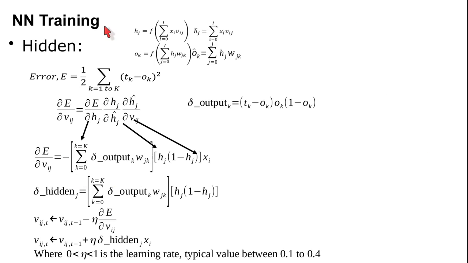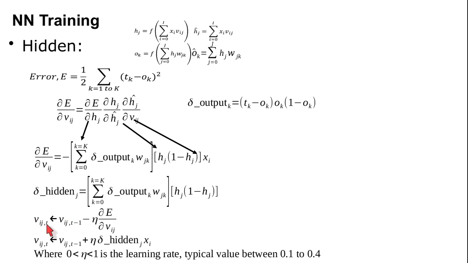Now to put everything together for the hidden layer, partial derivative of the error with respect to a specific weight in the hidden layer Vij evaluates to this, which in turn gives you this result. The weight update of a particular weight Vij is given in the following way.